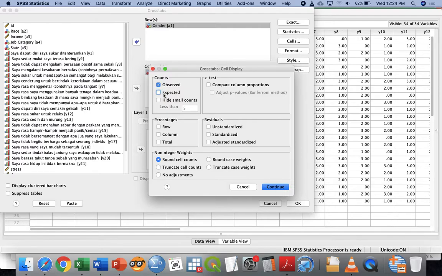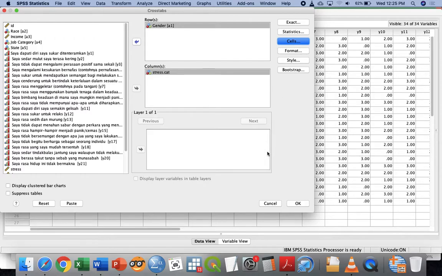But for the sake of showing off to you, I'm going to tick it, because after this we are going to see whether an expected count less than 5 exists or not. And then for the percentage, you click here by column. Okay, have you done that one? Okay, and then you click Continue, and then you click Paste or OK.